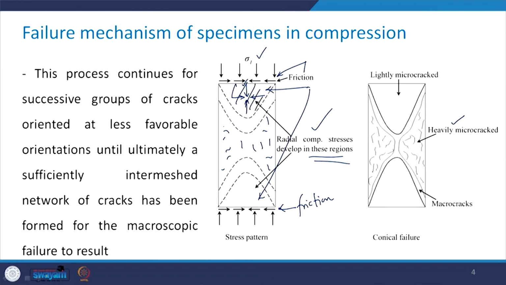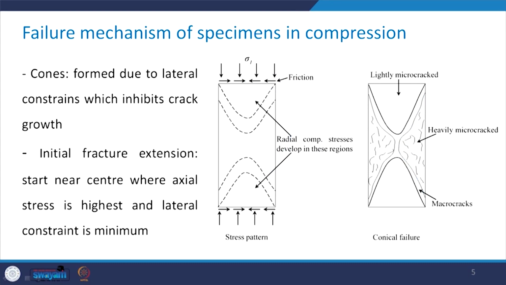They will only be restricted to the situation shown here, with the zone marked as heavily microcracked on either side. These cones, because of the lateral constraint, will inhibit the crack growth in these conical zones. Therefore these cracks will not enter into this.